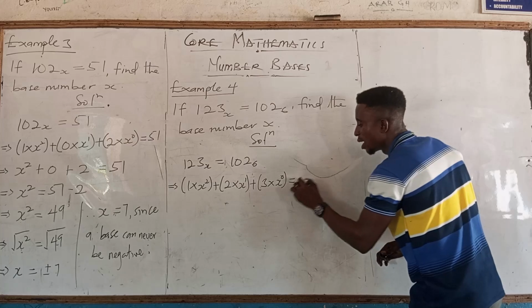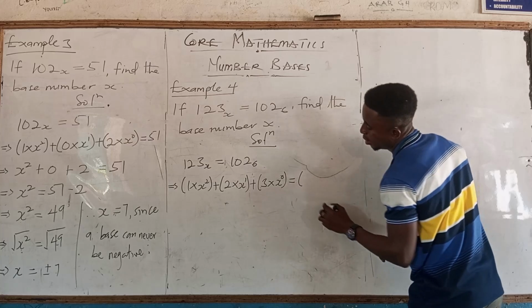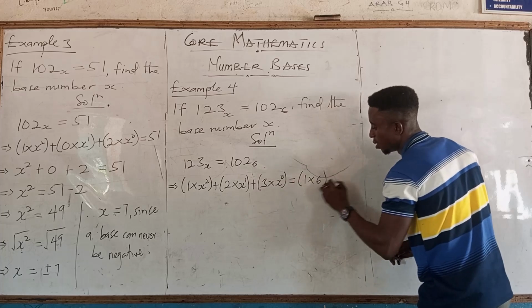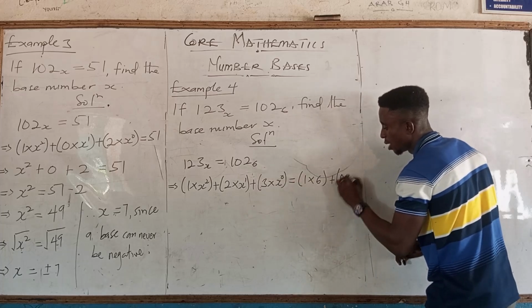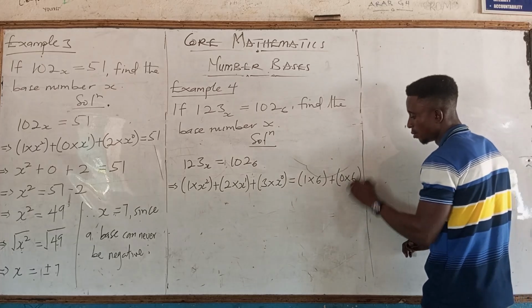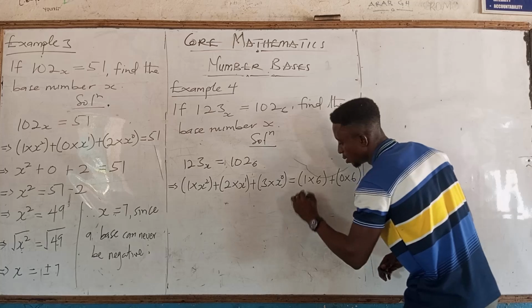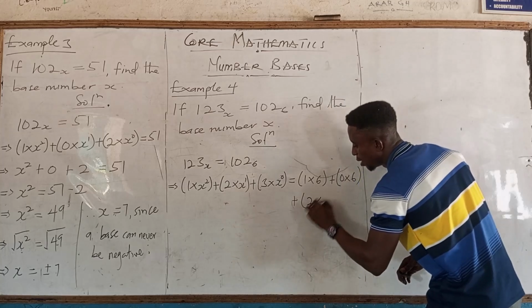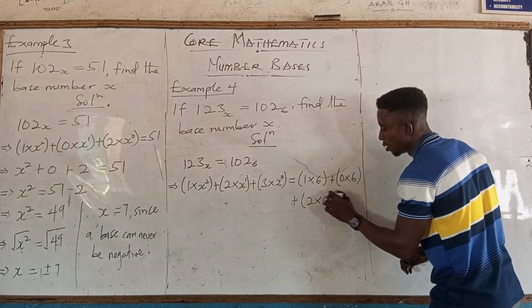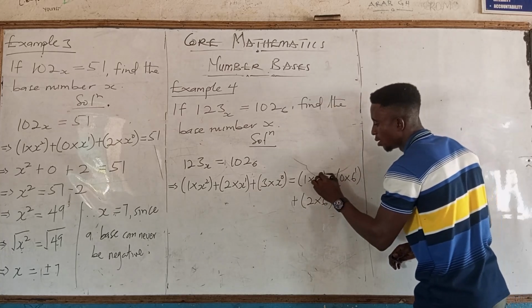Then this one too will get us 1 times 6 squared plus 0 times 6 plus 2 times 6 to the power 0. So this one starts from 0 here, 1, and then 2.